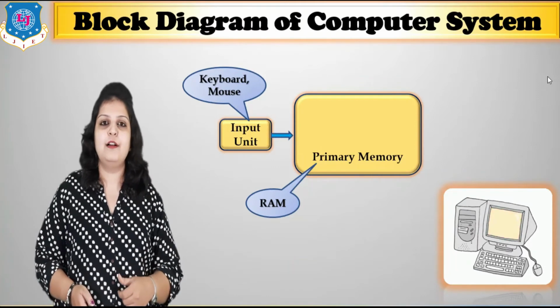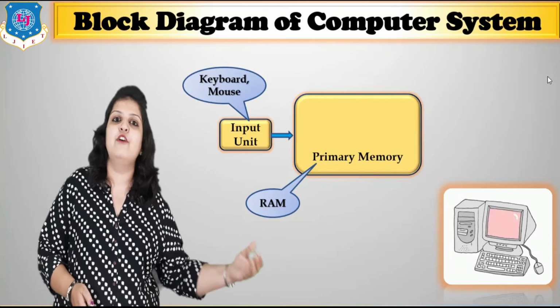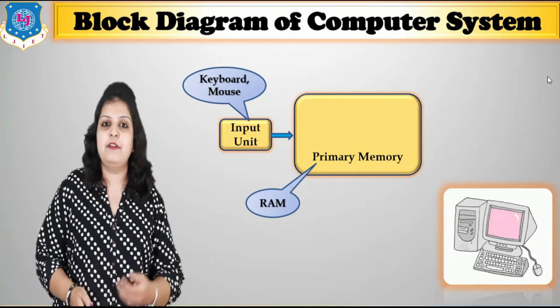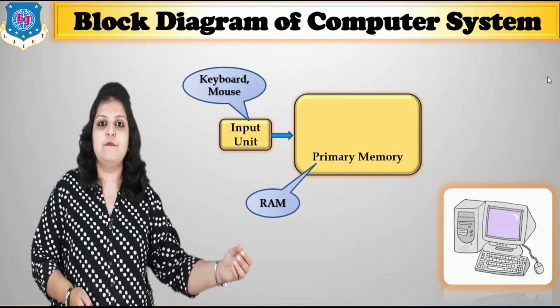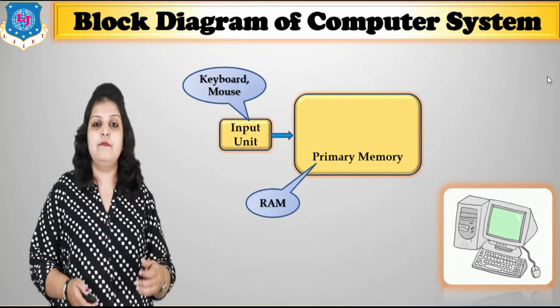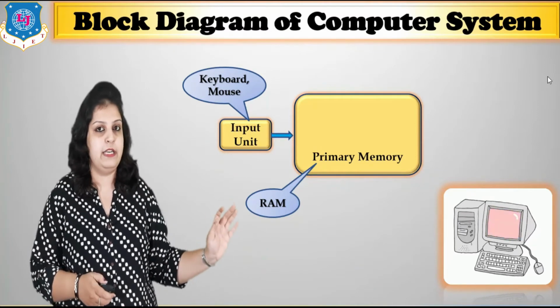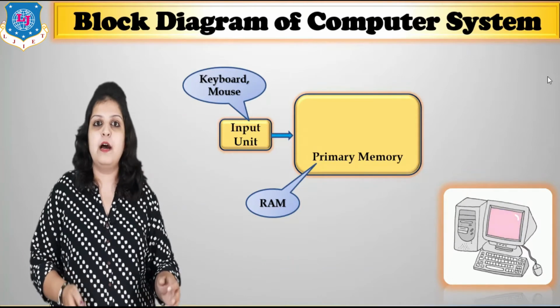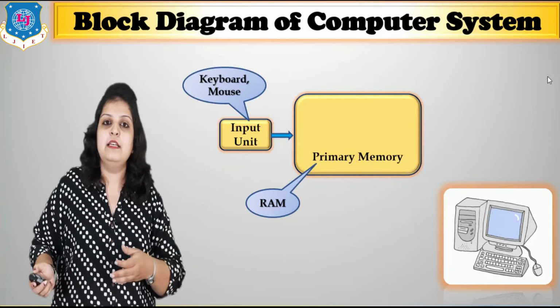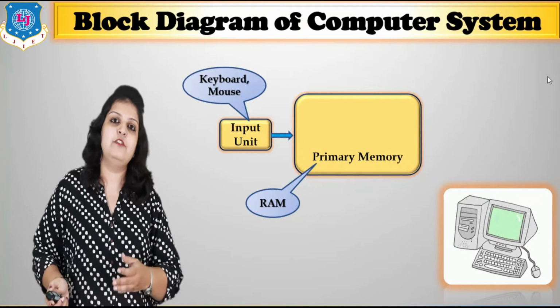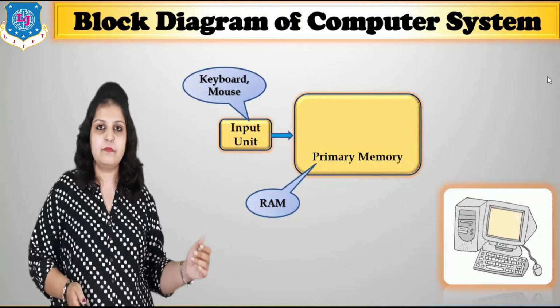It is also called as a temporary memory or volatile memory. What is the meaning of temporary memory? If you switch off the computer and if your file is not saved, then it is lost permanently. It will not stored. But if you store the data in your secondary memory, then it will stored permanently.